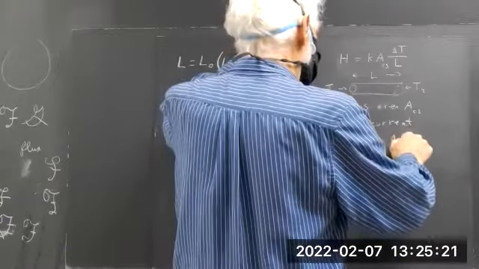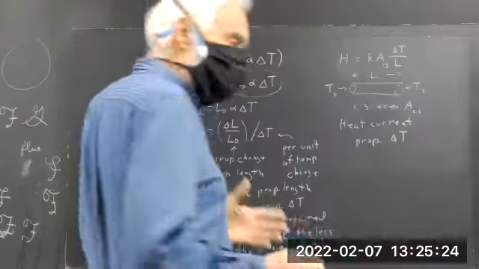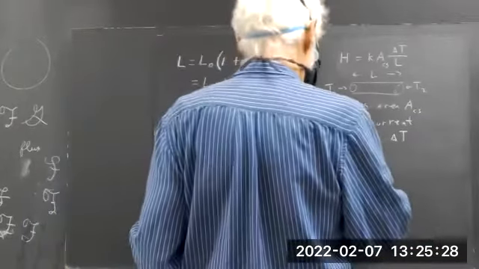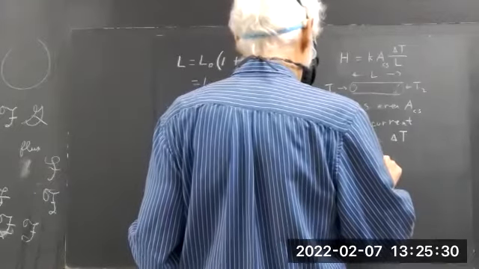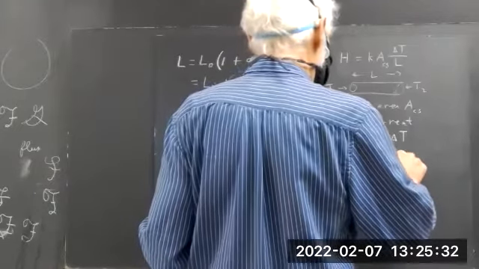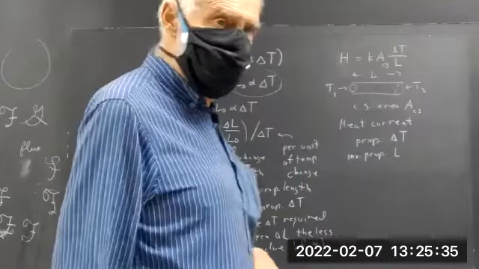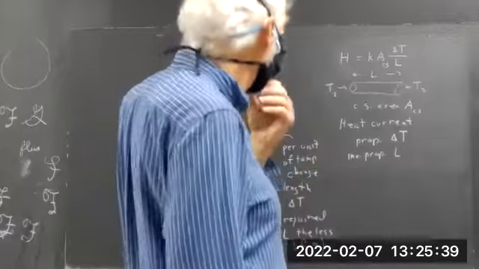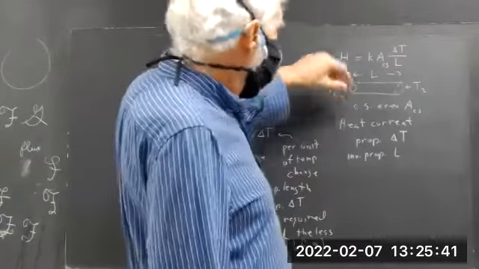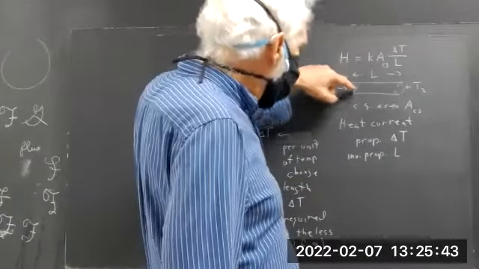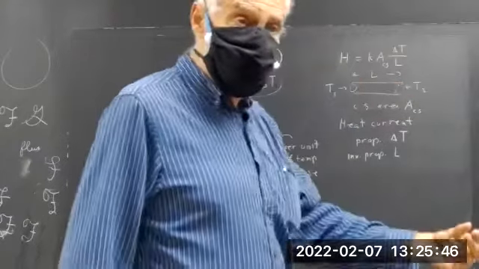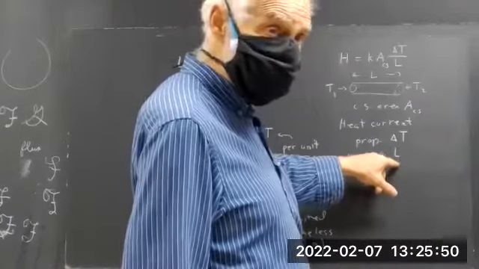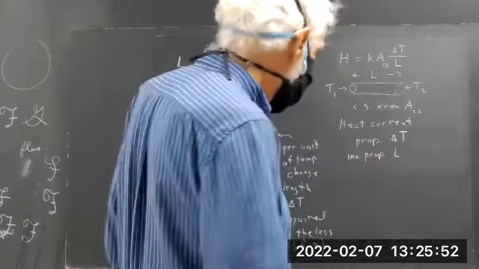Okay, so it's proportional to delta T. Greater delta T, the more the heat flow. Inversely proportional to L because you have less temperature change per unit of length if you have a greater L. Greater the L, less the heat flow.